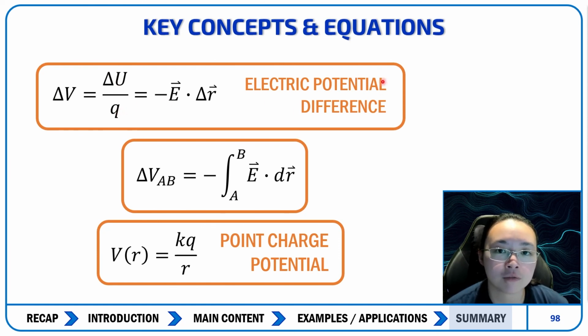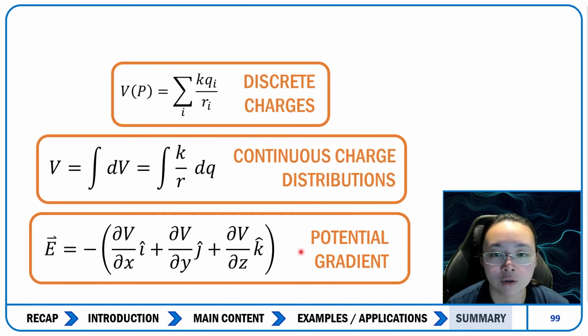And if we want to figure out the electric potential difference from point A to B for a continuous charge distribution, we use this form. And this is the most common form for delta VAB. Next, we have a point charge potential represented by KQ over R. But once again, if you have a continuous charge distribution, you're going to want to use this form of potential, not potential difference, but just potential.